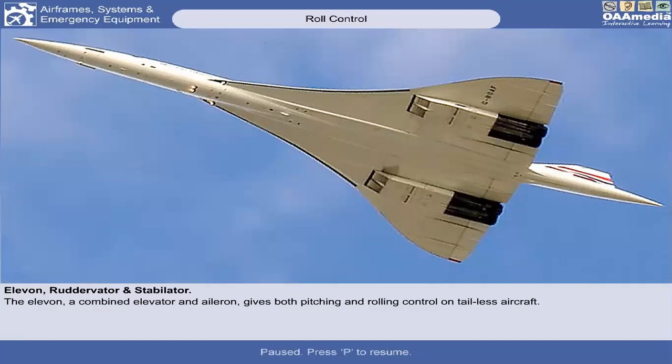It has no tailplane or horizontal stabilizer, just the wing and vertical stabilizer. Actually, this is a delta wing. The elevon is a combination of elevator and aileron, hence the name elevon. So the elevon provides both pitching and rolling control on tailless aircraft, like the Concorde.